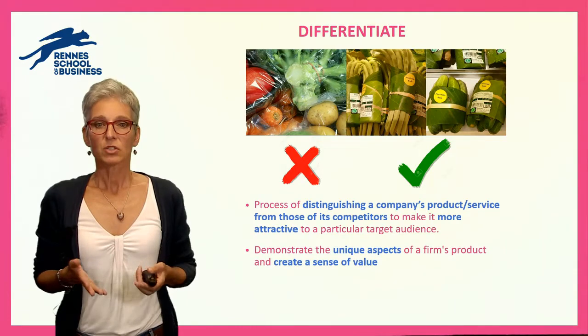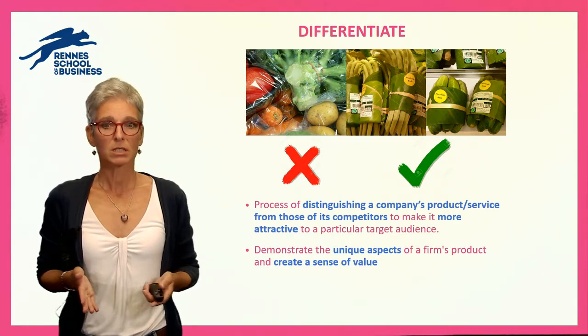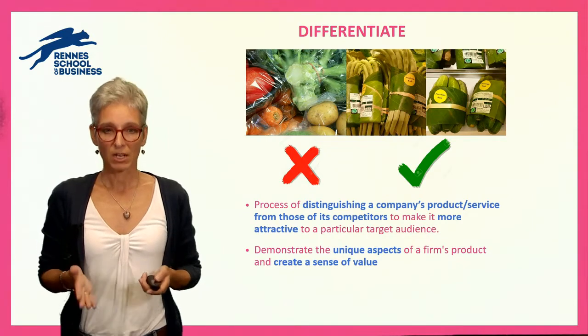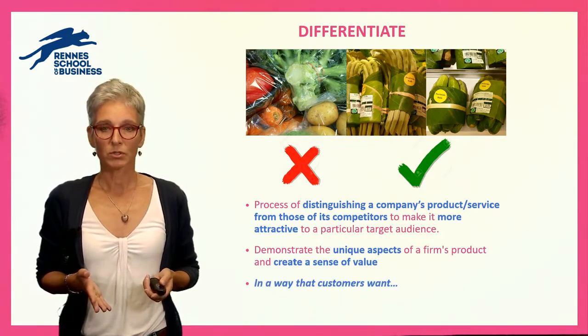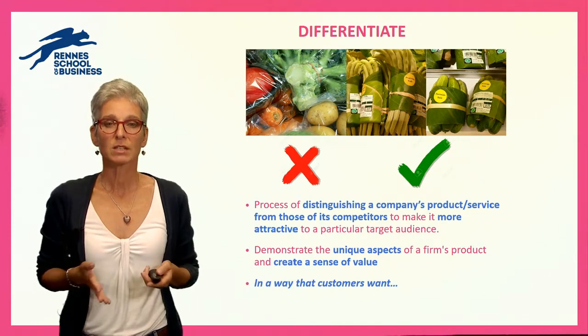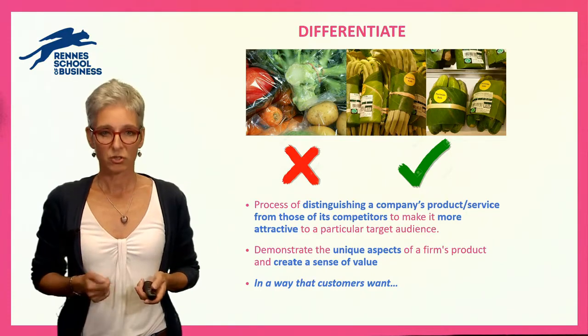The idea is to demonstrate unique aspects of your company's product and create a sense of extra value for the company in a way that the customer wants. We're obviously trying to do things that please the consumer and give them extra value.